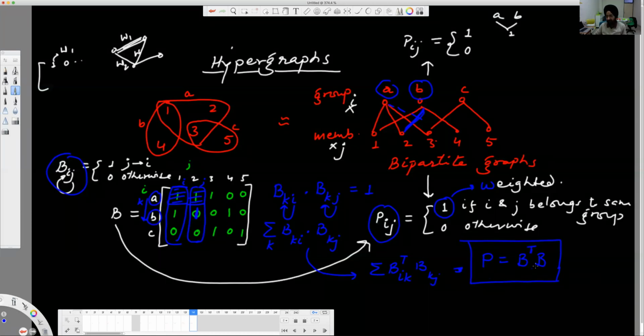This matrix will be symmetrical. You can derive it easily, number one. And this is going to be a weighted matrix, as we discussed a moment before, right?